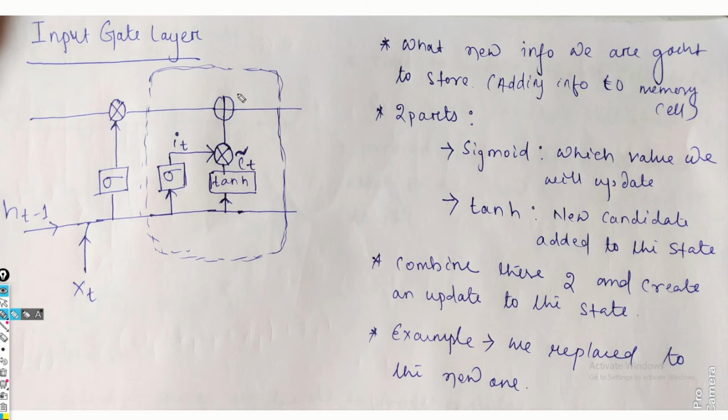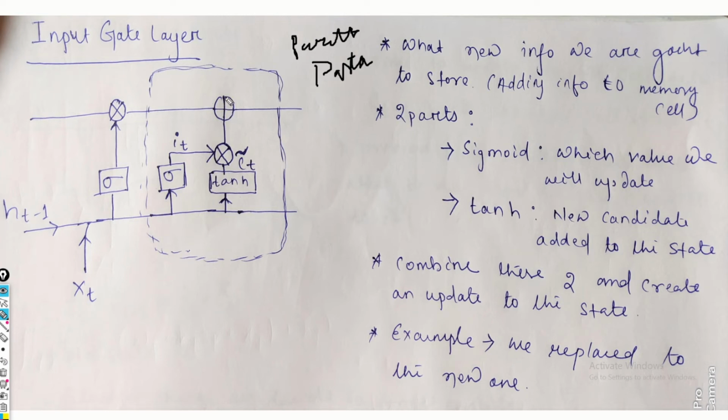So if you can see the input layer that I showed you in the architecture, what it does is decide what new info we are going to store, adding the info to the memory cell. I've told you the paratha word is already there. We are just storing the new word, pasta and cheese. So we are storing pasta. This particular pasta is new information, and the new information is stored in this region, the input layer.